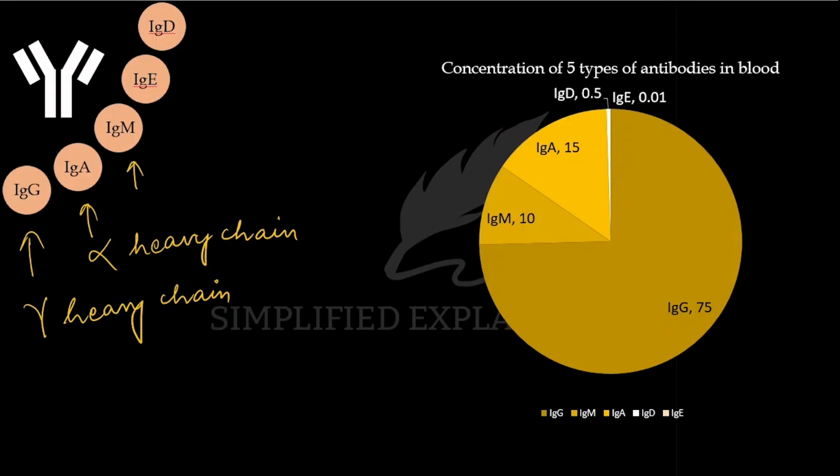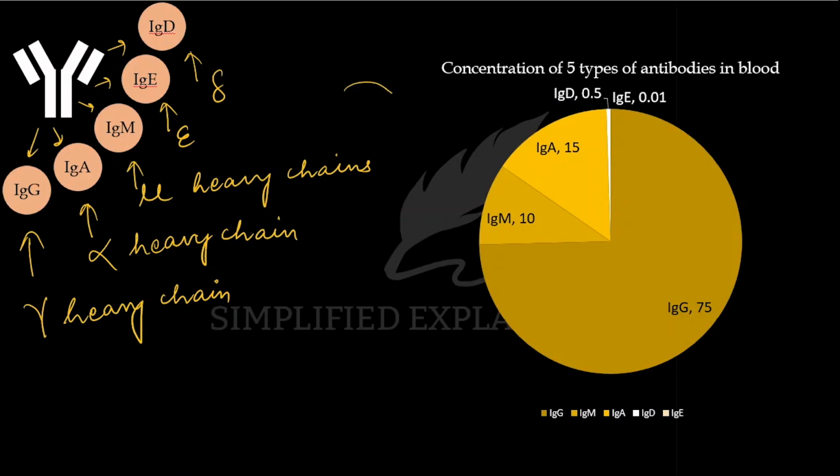If there is a mu heavy chain, then those antibodies will be known as IgM. With an epsilon heavy chain it is IgE, and if there is a delta heavy chain, then those will be called IgD. So there are 5 classifications of antibody: IgA, IgG, IgM, IgE, and IgD.